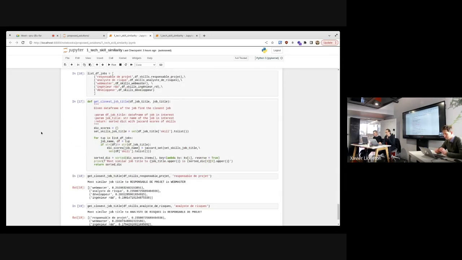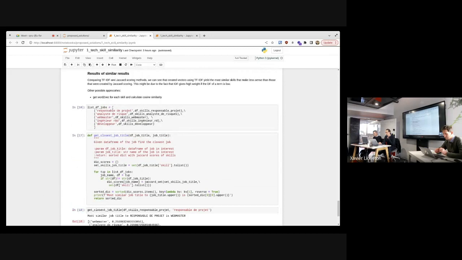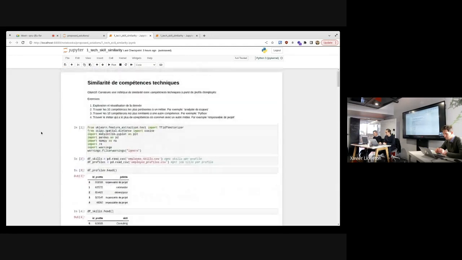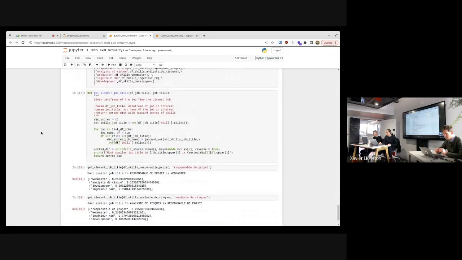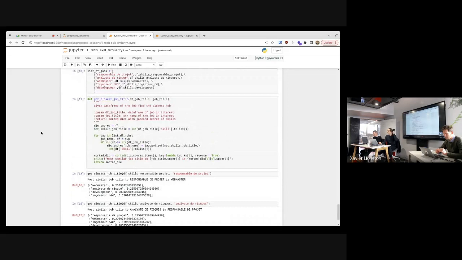And then for the last task, finding, given a job title, what other job title is the most similar to this one, we also use the Jaccard similarity to do that.